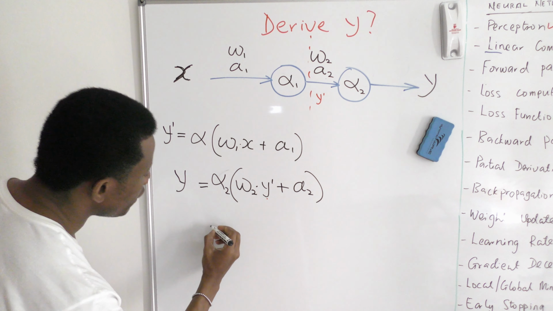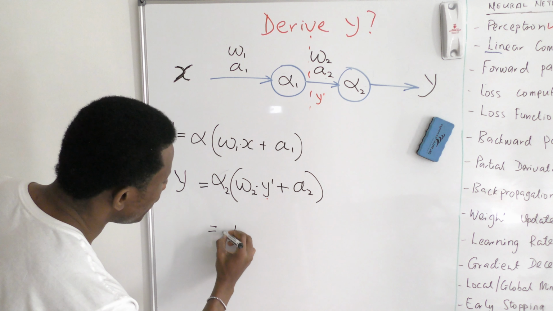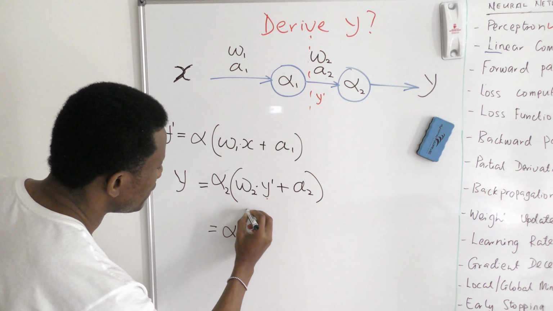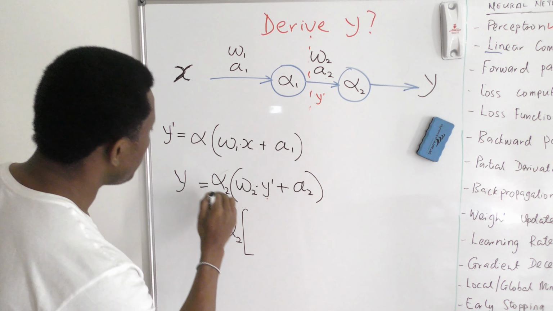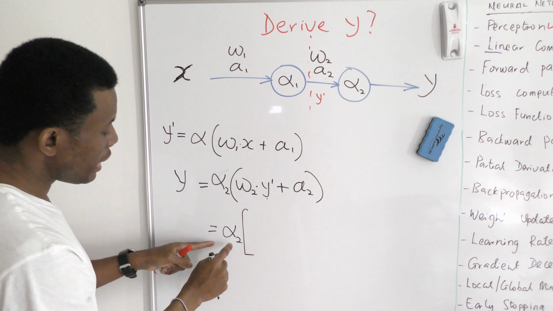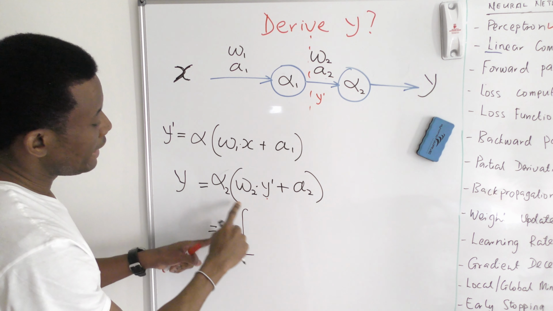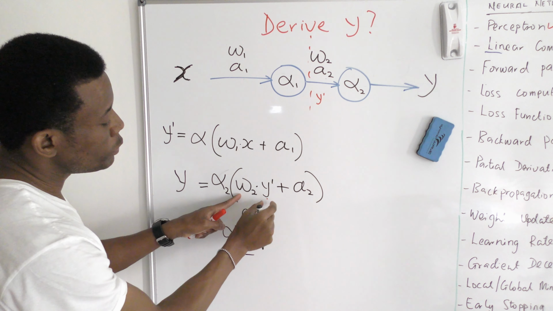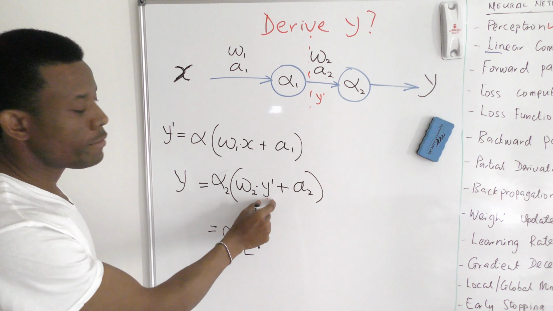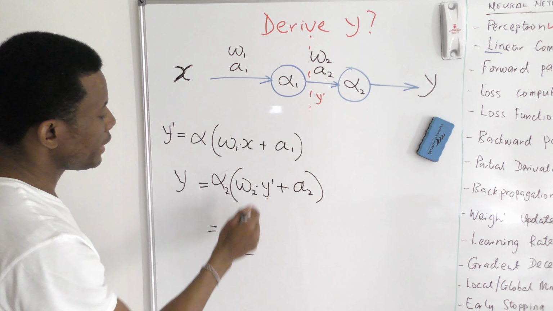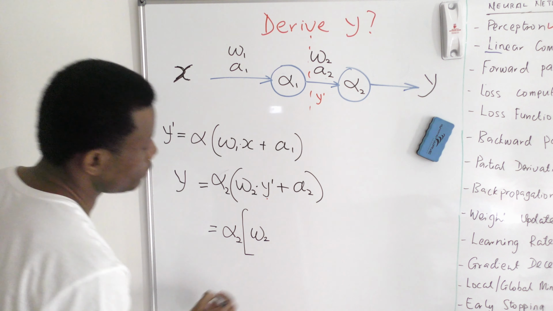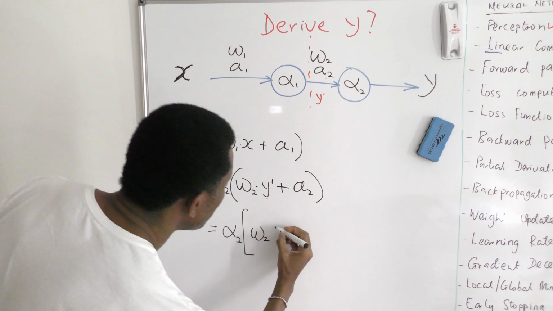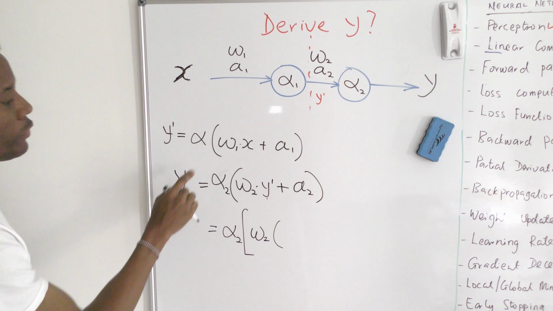So finally, this is going to be alpha 2, and I'm going to start a new bracket, and we are going to have w2. Now we are going to substitute the expression for y prime here.